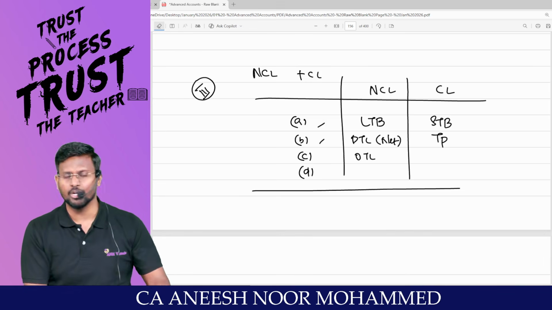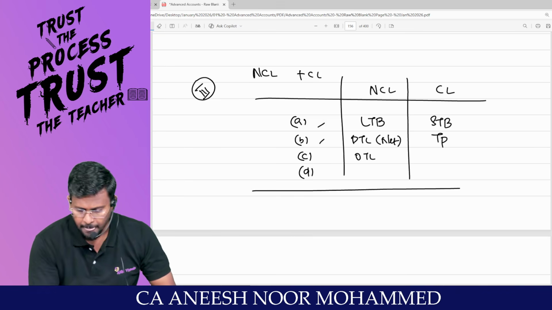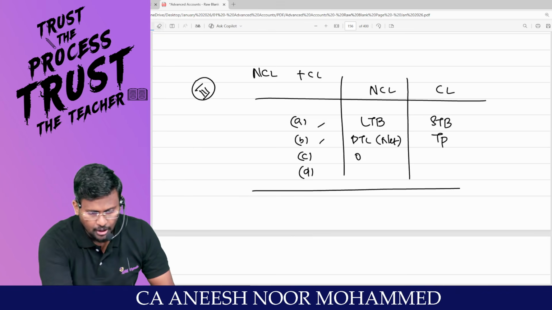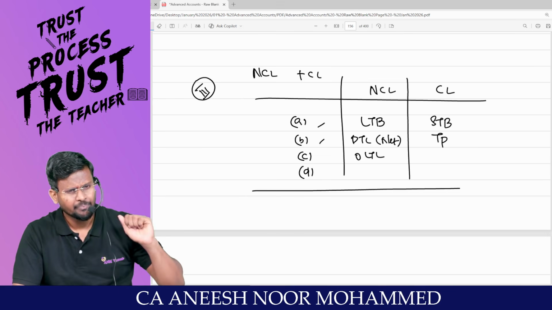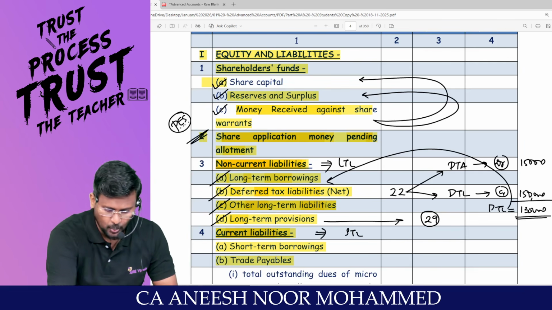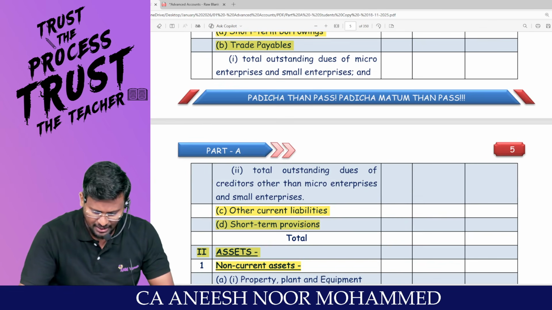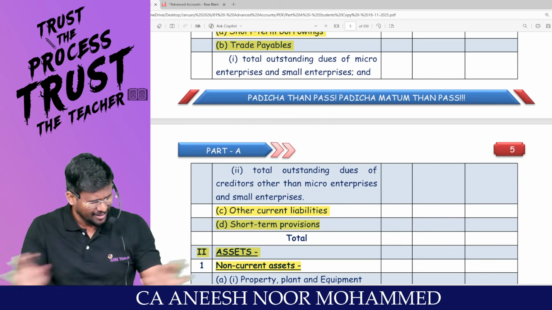Everything will be included because it's a miscellaneous item. So, other long-term liabilities. The corresponding one is other current liabilities. Pakka?